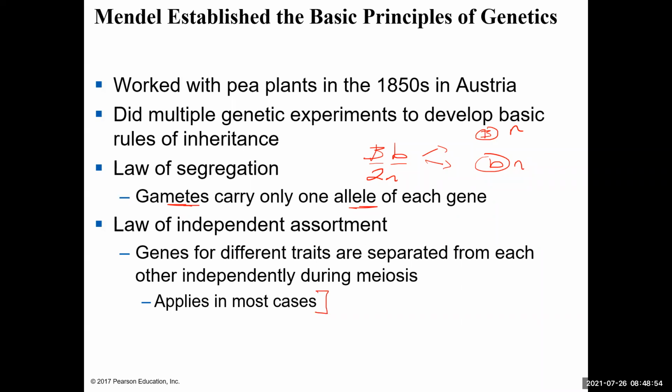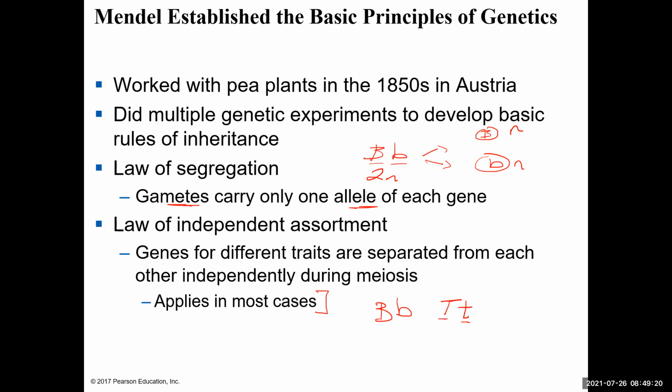But basically, let's say you have your hair trait, like we've been talking about in the first video. So brown hair versus blonde hair, dominant versus recessive. And then let's say we're looking at height. So tall versus short, dominant versus recessive, tall being dominant and short recessive.